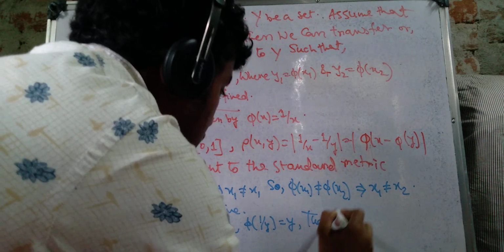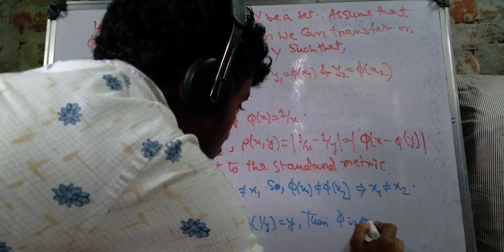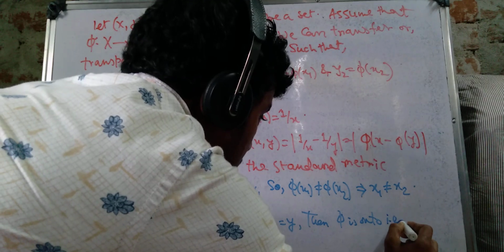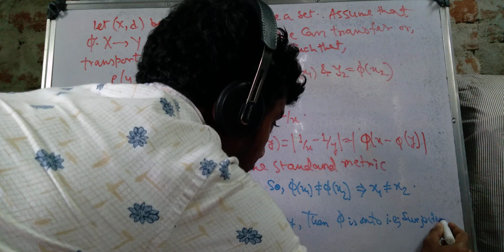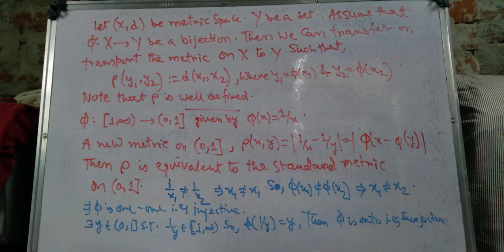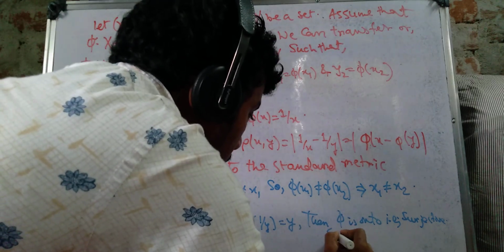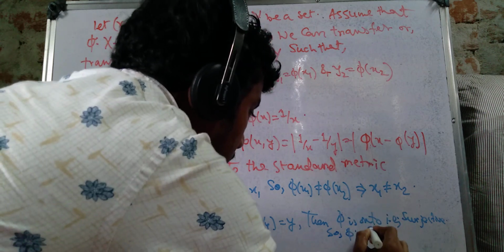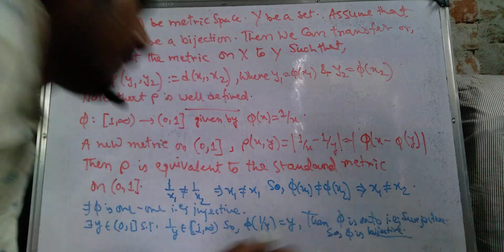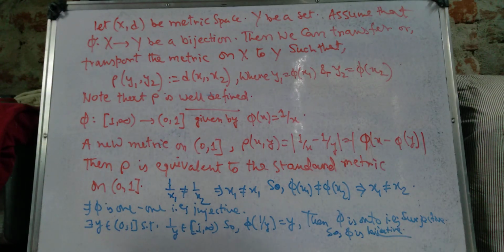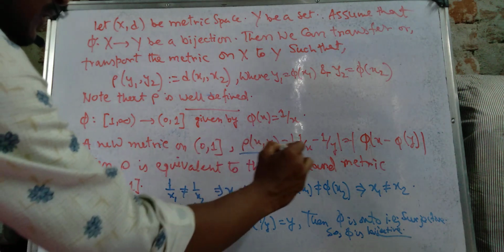Then phi is onto, that is surjective. So phi is injective and surjective, so phi is bijective. Then phi bijective, then we obviously are done with this one.